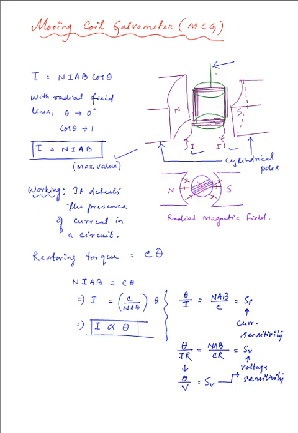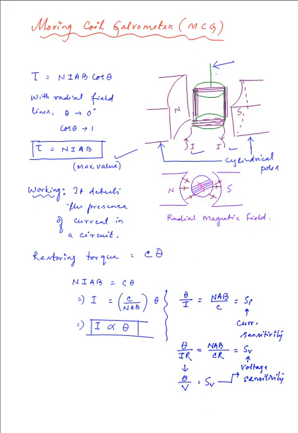And it is that usage of the deflecting pointer which inspires the galvanometer to be further used as an ammeter as well as a voltmeter, to determine the value of the current that is flowing in the circuit, or even the voltage or potential difference between any 2 points in the circuit.